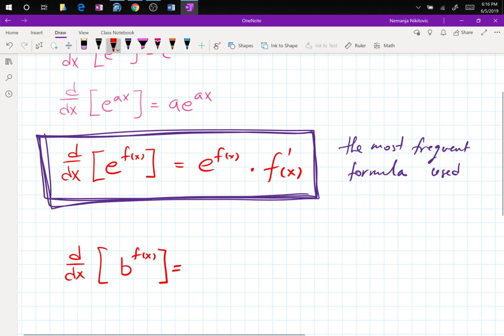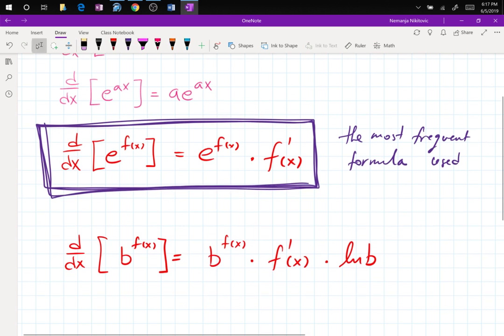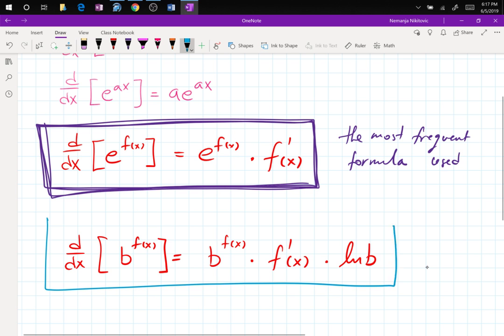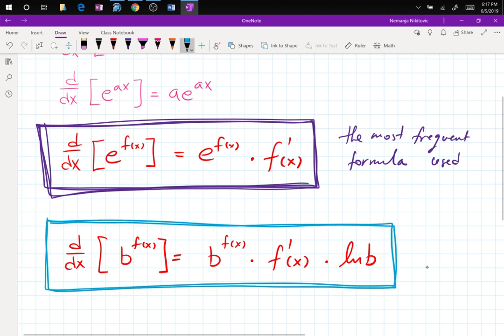You can have any of those. And the derivative for something like this would be b to the f of x times f prime of x times ln b. So this is the general case. This should be the boss equation, but unfortunately it's not.